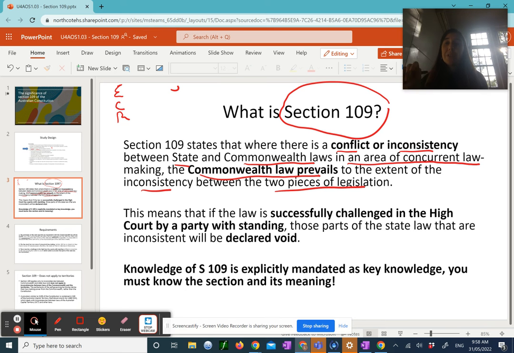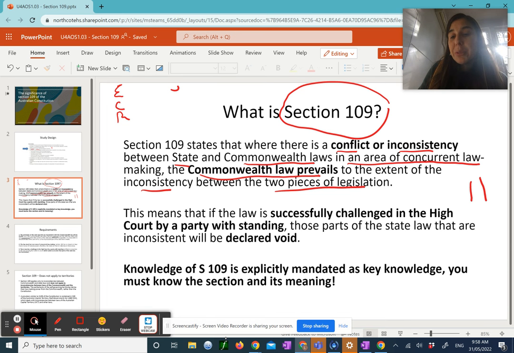Now, Section 109 isn't automatically invoked. In fact, two pieces of law that are inconsistent can exist side by side, and they will continue to exist side by side until someone has a problem with it, and that someone needs to have standing, or a reason to take the law to court. If a person with standing comes to court, they will go to the High Court and challenge both the state law and the federal law, and the state law will be declared void.